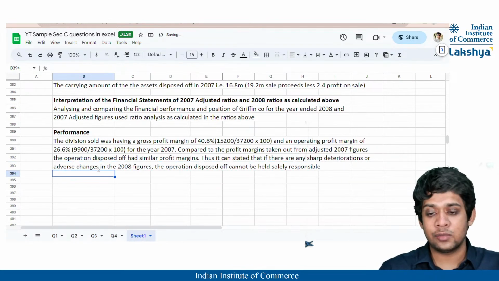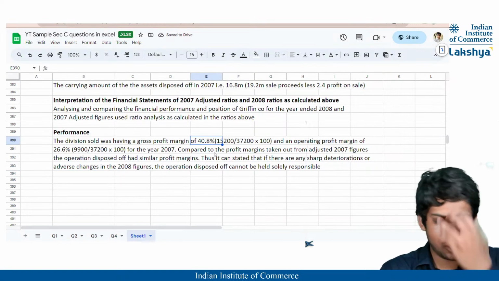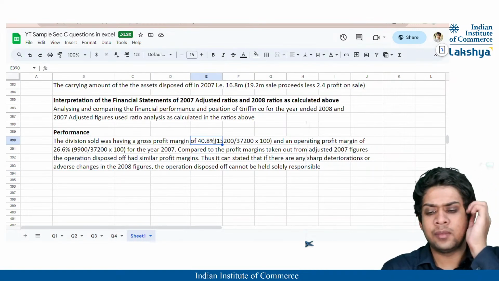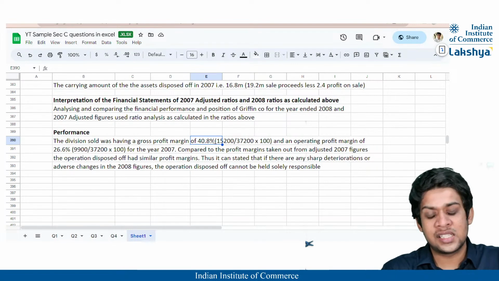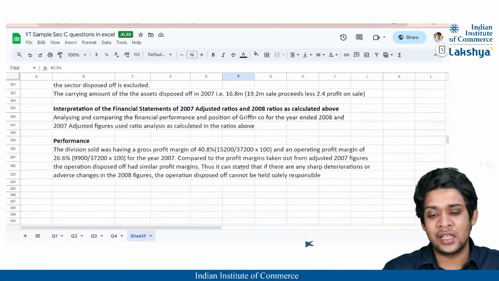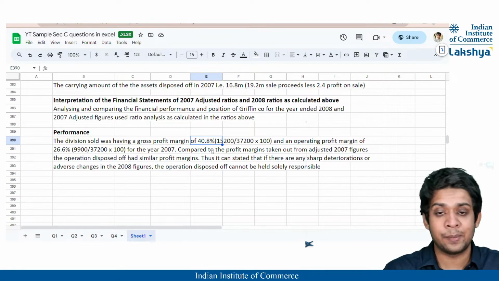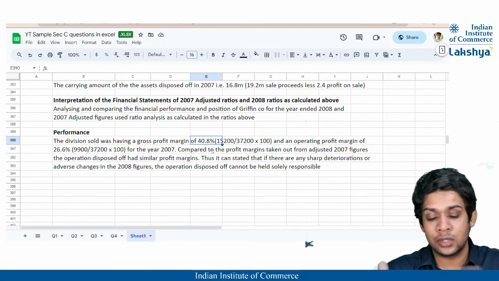That means what we are trying to say here is that the profits of the operation which is sold off were very much similar to the company itself. So the company's adjusted profit is also 40.3 and it is very much similar to 40.8. So it was not affecting your company so much, even though they are saying that it was not good for the company, or it was not matching the company's scope, which is why it was sold off.